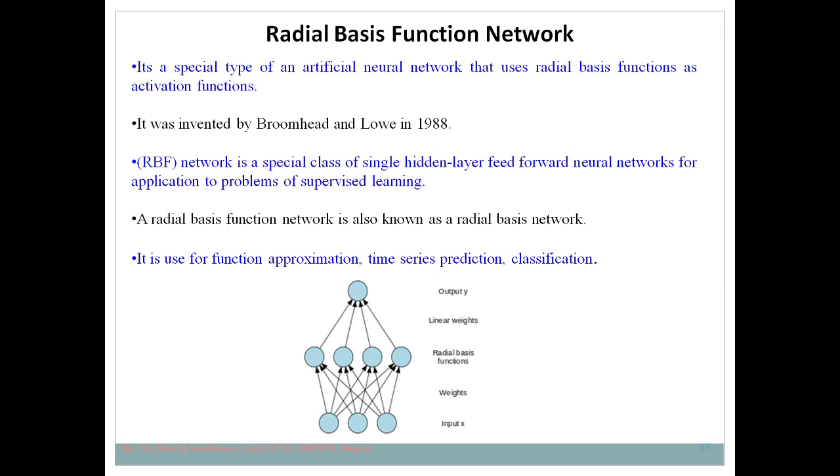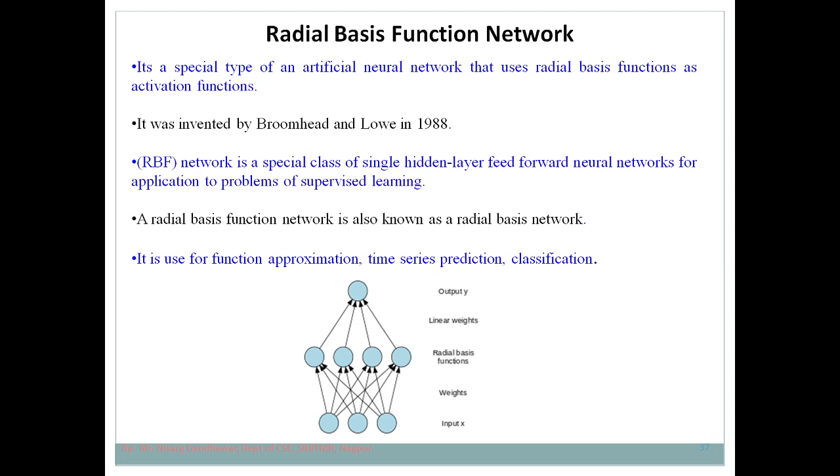This is the main specialty of RBN, that it makes use of the radial basis function as the activation function, and it has one hidden layer, and this radial basis function helps in mapping the input data to a specific form.